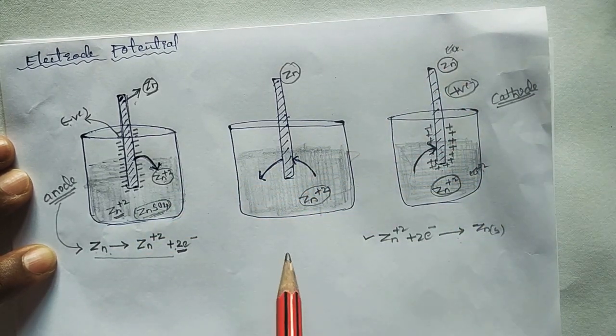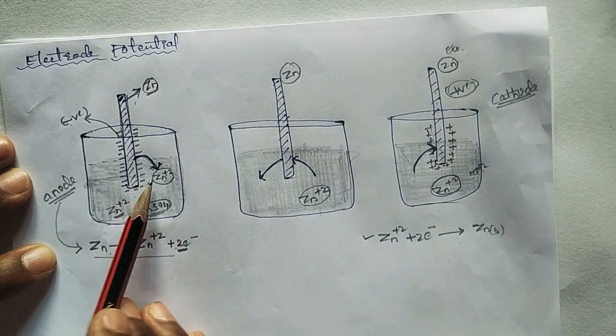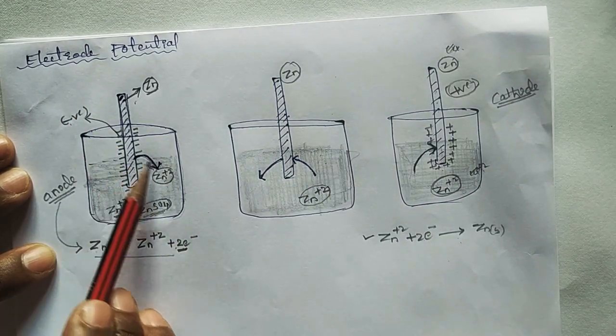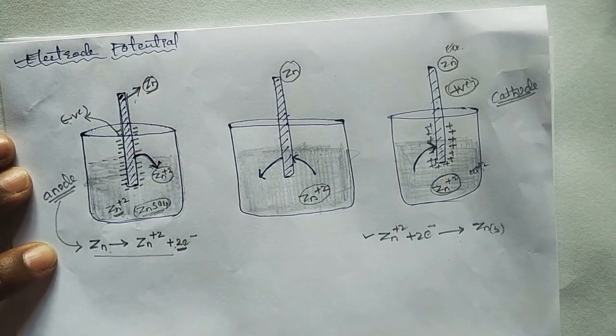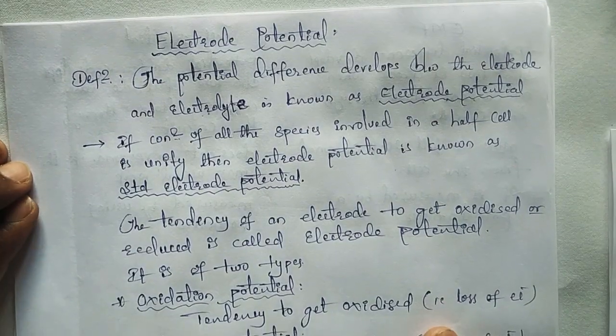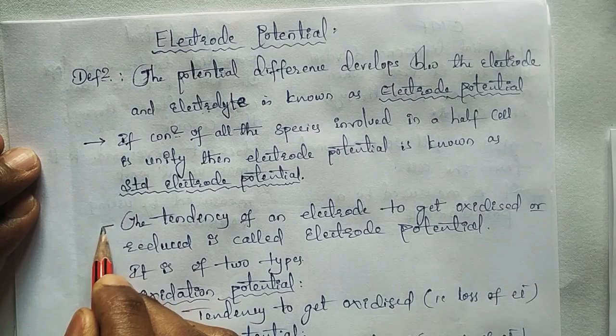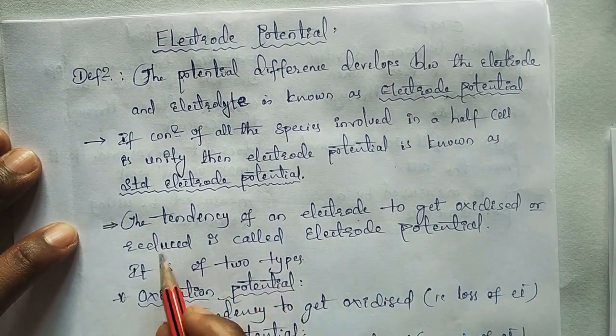So in order to find out the electrode potential, means ये जो tendency है, the tendency to undergo oxidation or reduction is known as electrode potential. This is the definition and it is a concept. So let us look at the definition. Electrode potential is defined as the tendency of an electrode to get oxidized or reduced.